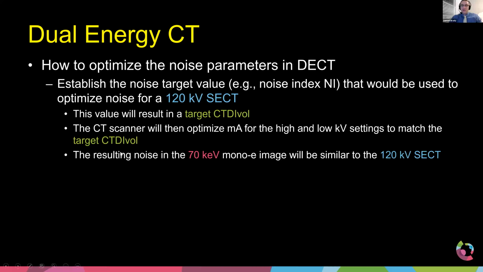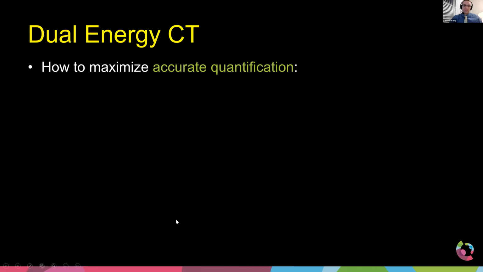The resulting noise in the 70 keV mono E image should be similar to 120 kV single energy CT. So once you've set your noise index and set up your protocol, if you image, for example, a phantom, you want to immediately look at your 70 keV mono E image and compare it to an image acquired with 120 kV single energy. If the noises are the same, then you've optimized it appropriately.